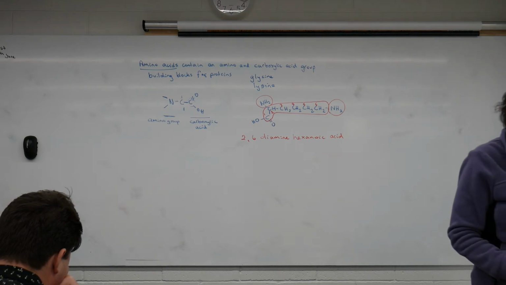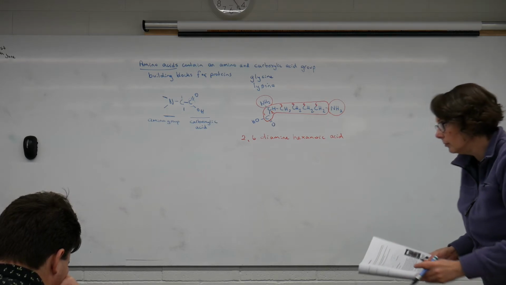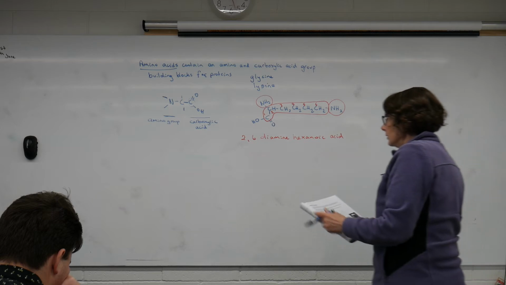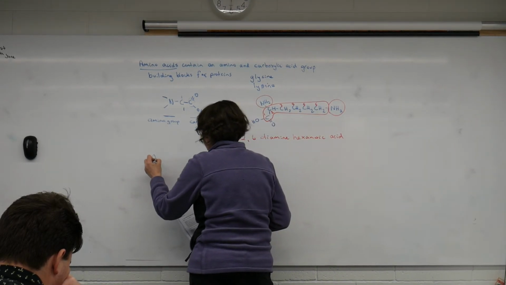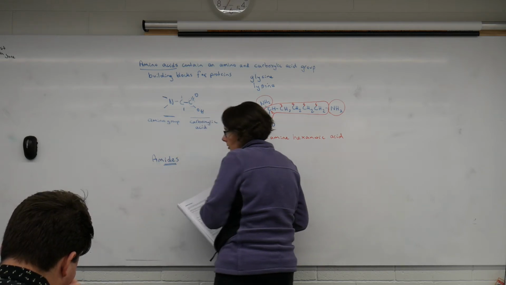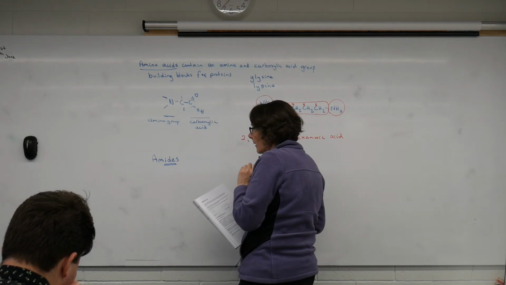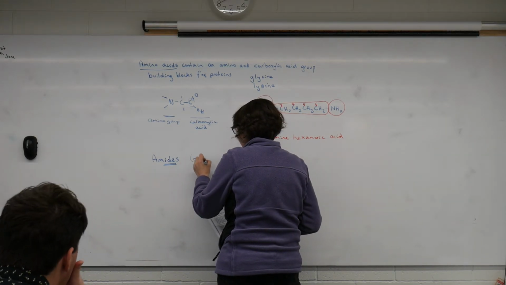Okay, so they are amino acids, and our last lot of molecules that have this amine kind of group in it are amides. So we've got a D in there instead of the N, and now we've got oxygen present as well.